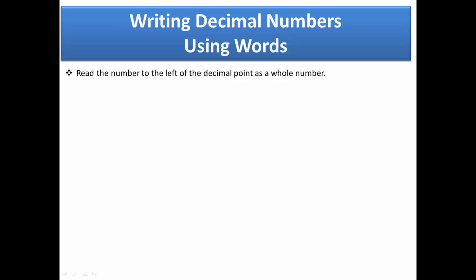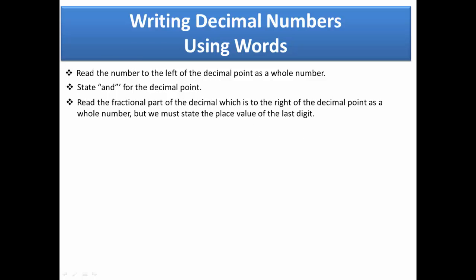It is important that we state "and" for the decimal point, and we must read the fractional part of the decimal, which is to the right of the decimal point, as a whole number, but we must state the place value of the last digit. When we say state the place value of the last digit, we mean the place value of the last digit will always be the last word of the decimal number written in word form.